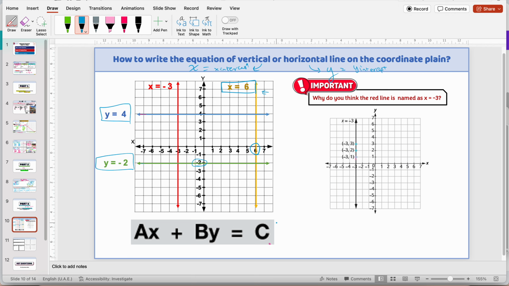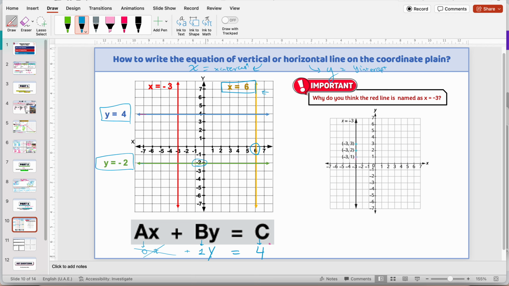It's very simple. How is it related to standard form? For example, the equation of the line y equals 4. C is 4. B is 1. What do you think A is? Since the x disappeared from the equation, A definitely is 0, and x had to disappear because 0 times x is 0.